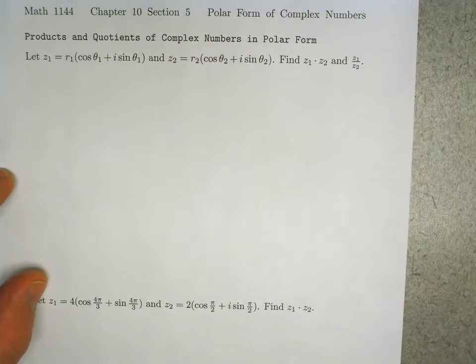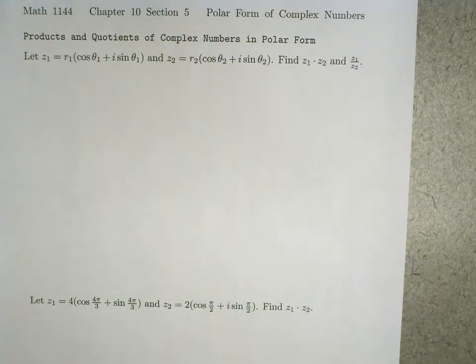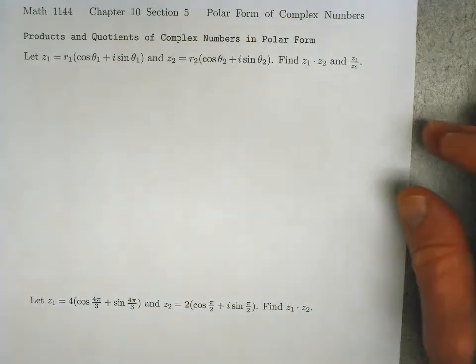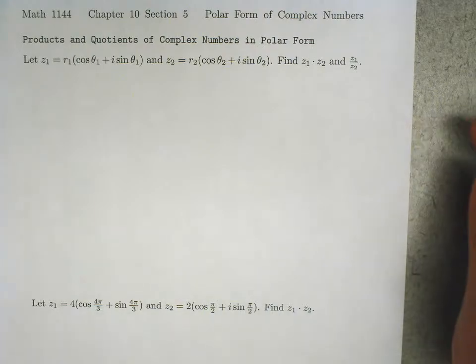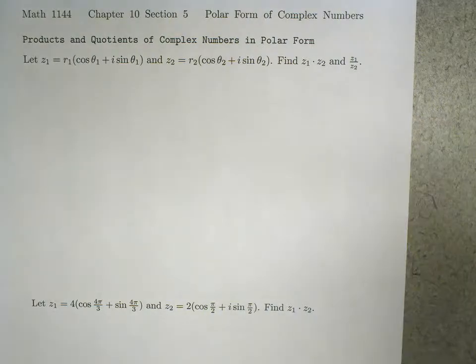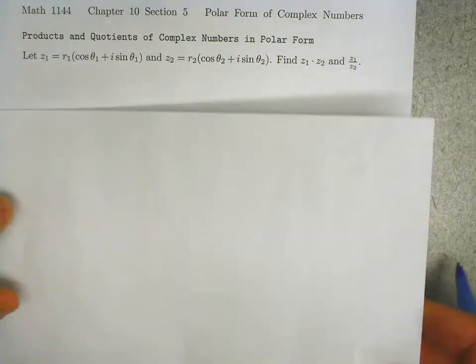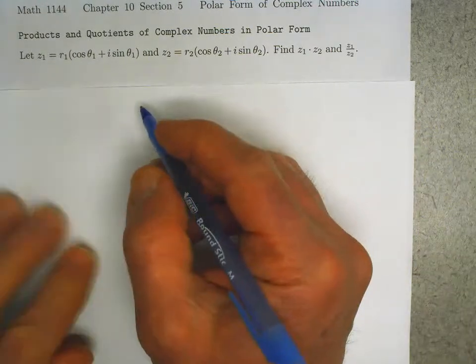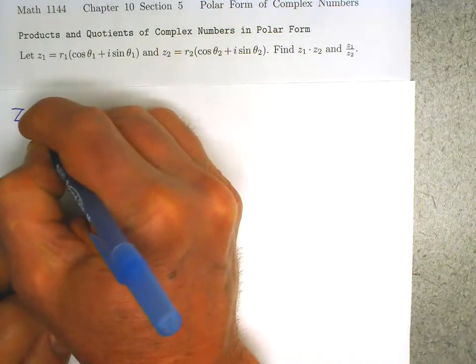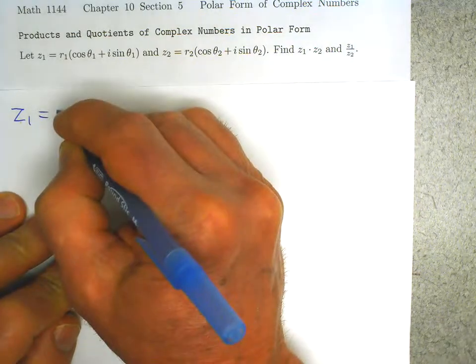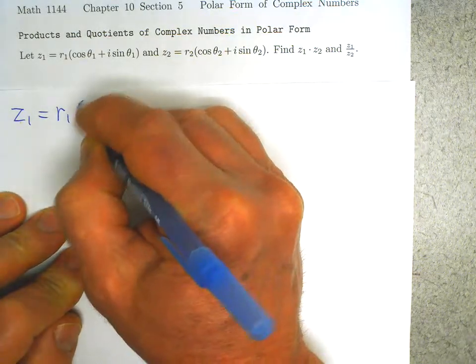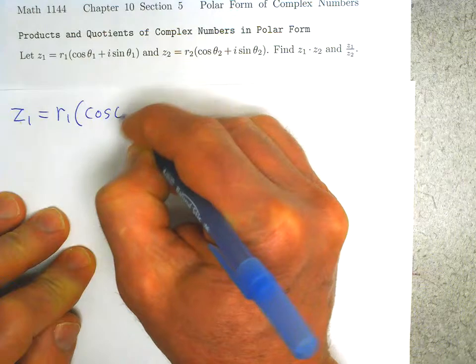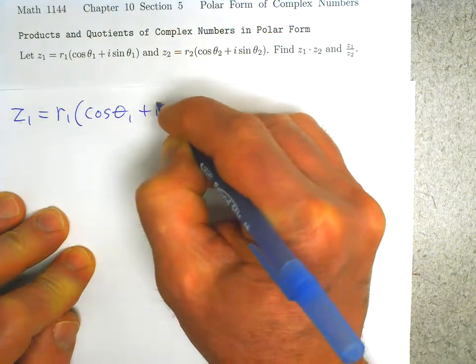Okay, we'll look at products and quotients of complex numbers in polar form. I might need more space for this, so I'll write this on a piece of paper and we'll do the computations using more space.